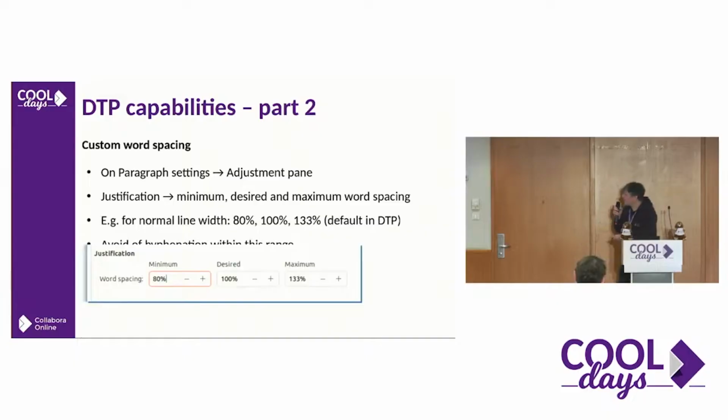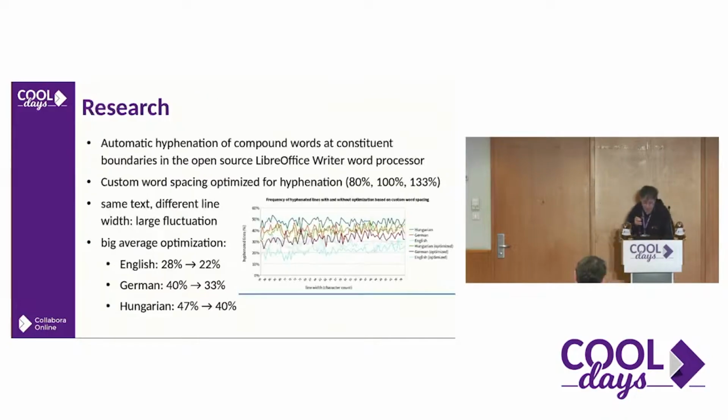If it's possible to break the line between this minimum and maximum spacing in the justified text, hyphenation is disabled in that line. And the result is much better text.